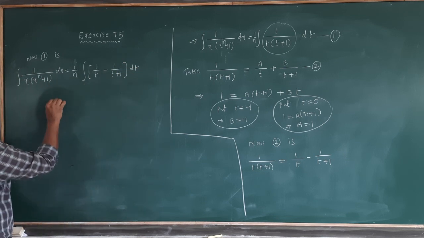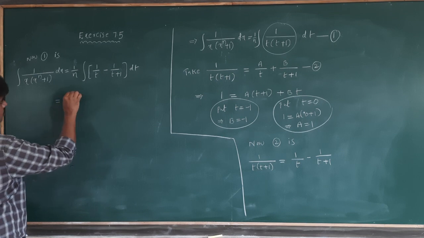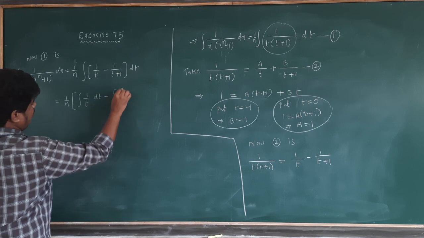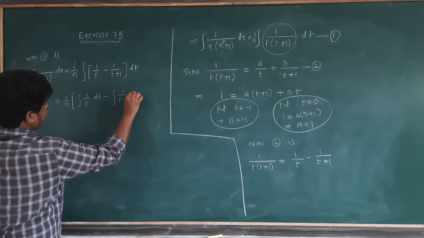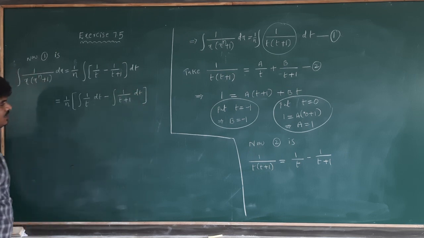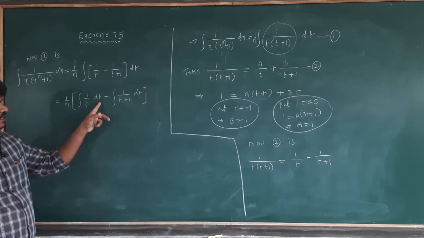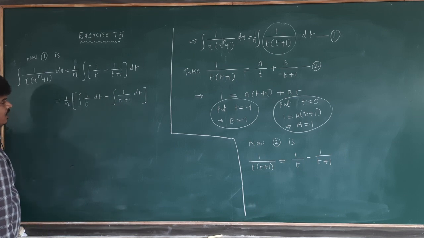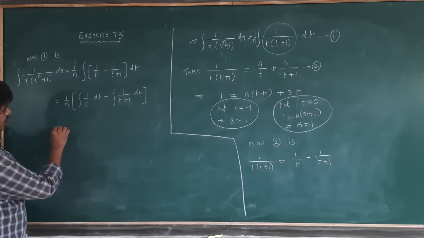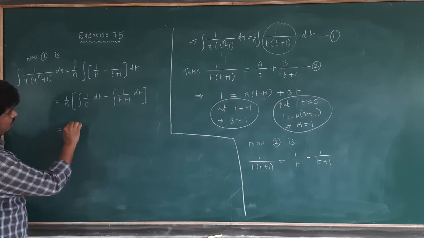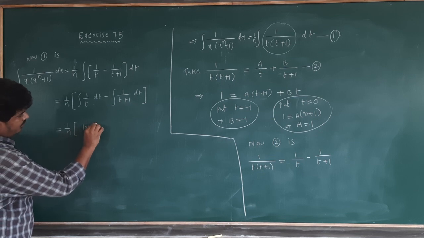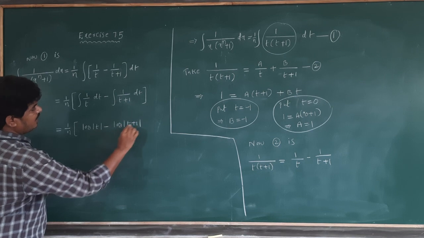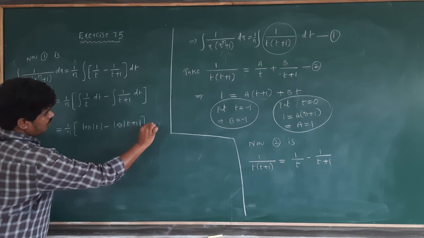If you want, take separately: 1 by n into the integral of 1 by t dt minus the integral of 1 by t plus 1 dt. What is the integral of 1 by x dx? Log mod x. What is the integral of 1 by ax plus b? Log mod ax plus b divided by a. So what can I write? 1 by n into log mod t minus log mod t plus 1 divided by 1, no need to take that 1, plus c.